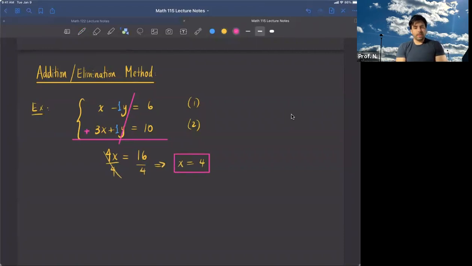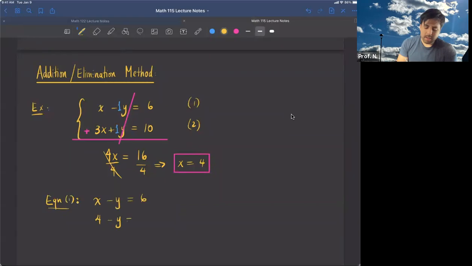x equals 4. Now that I know that x equals 4, now what could I do? Choose either the first equation or the second equation, plug in x, and then solve for y. I can use either equation 1 or equation 2. Equation 1 just seems a lot easier to use. So then I'm going to say x minus y equals 6. So that means that 4 minus y equals 6.